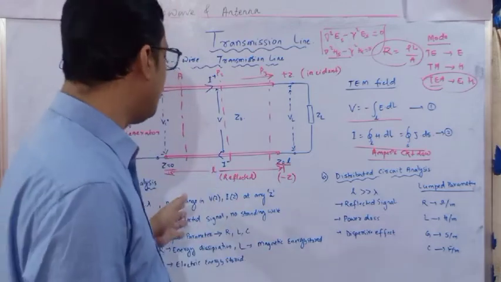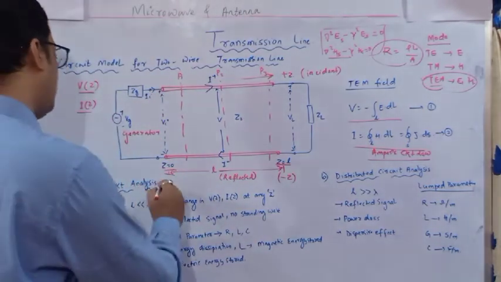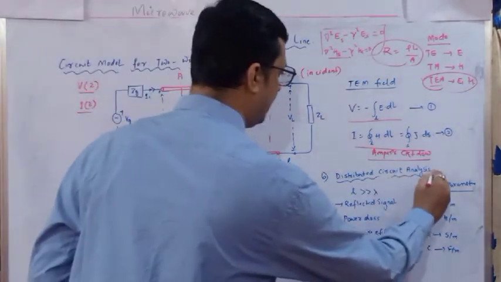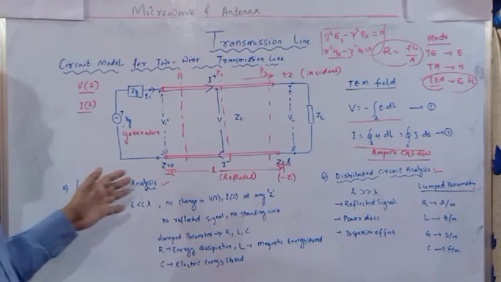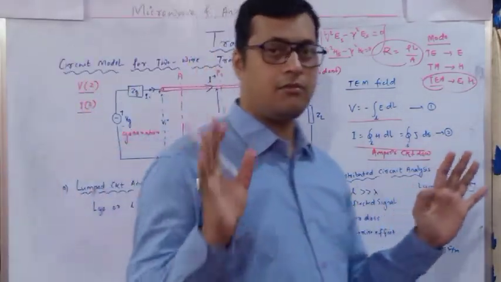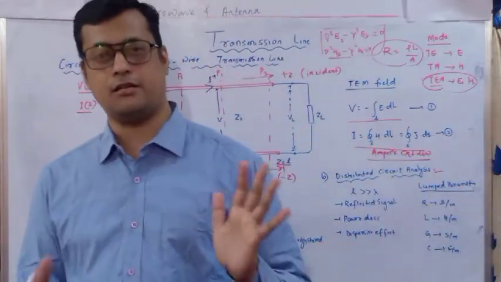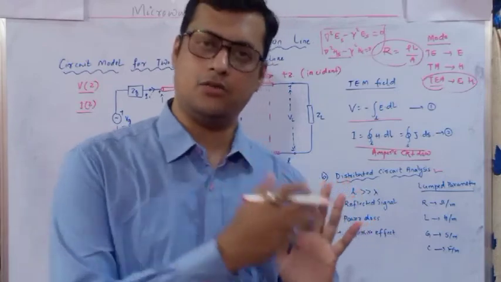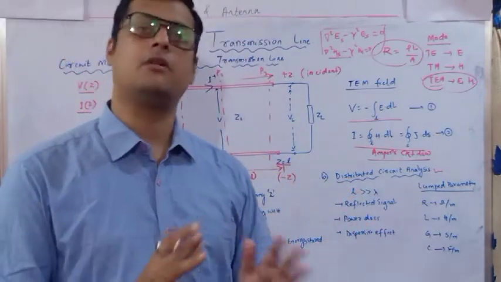Before entering the analysis, we have two different analyses, and I will tell why I am discussing them. As in the last class we have seen, RLGC are the four basic parameters for a particular transmission line, whether it is a coaxial cable, a two-wire line, a parallel plate, or a microstrip line, whatever it is.